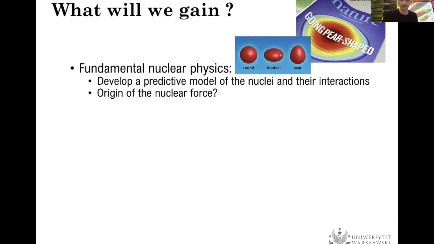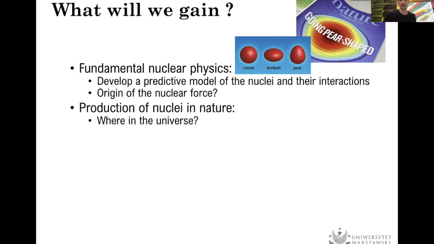The importance of shape has some influence on how the nuclei interact. So for example, this is very important in order to understand how nuclei can be produced in nature.